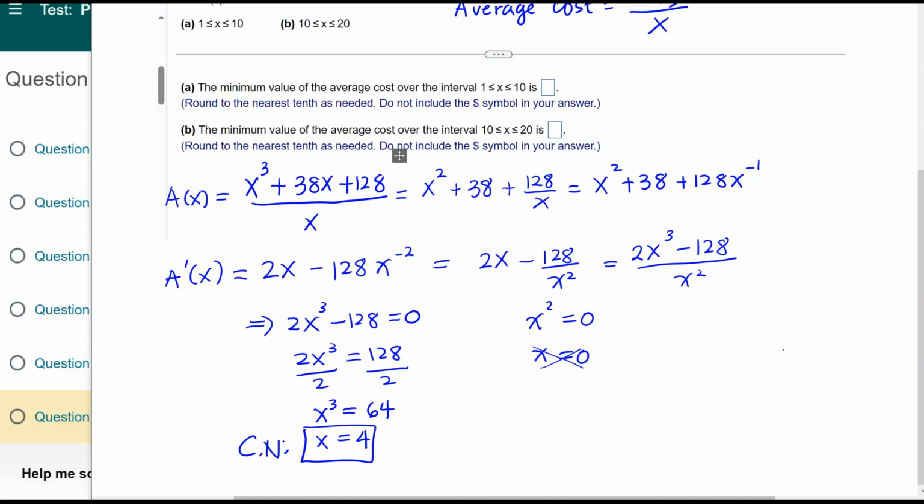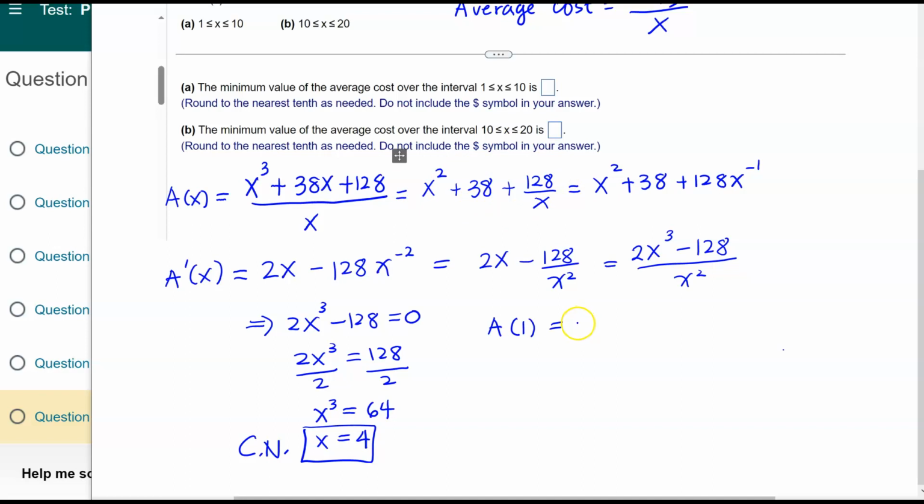The next step is to evaluate the function. We will evaluate our function at the endpoints of the interval and at the critical number. So for this, we will evaluate a at 1, and then a at 4, and a at 10. We'll use the simplified expression here for a.